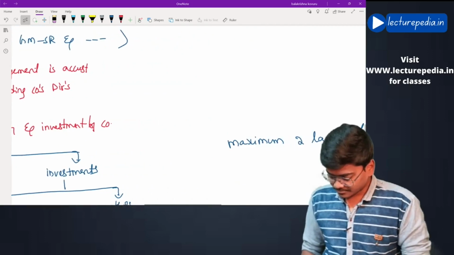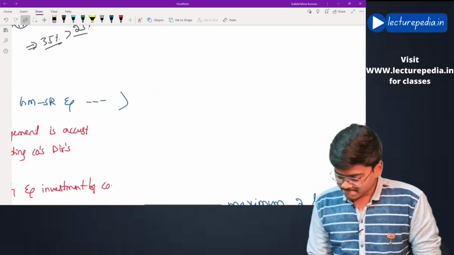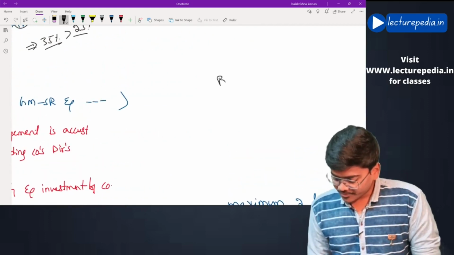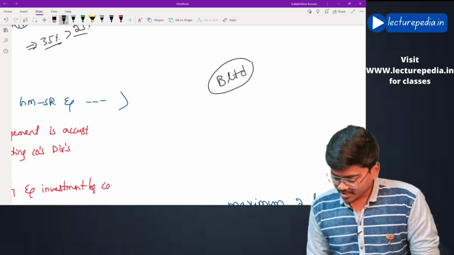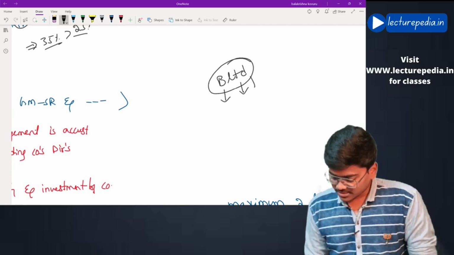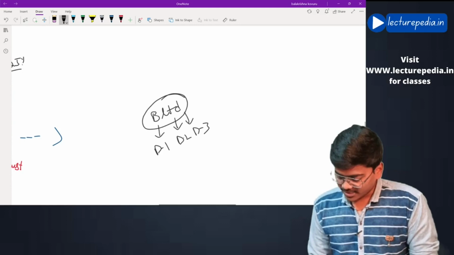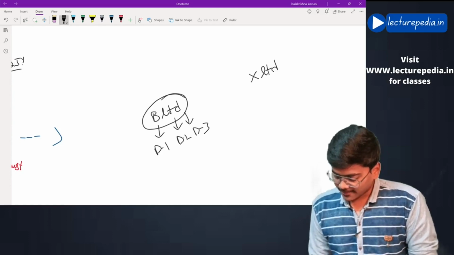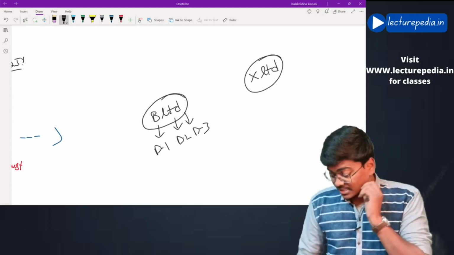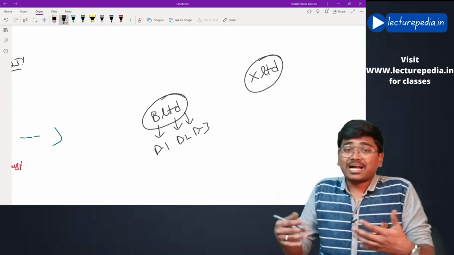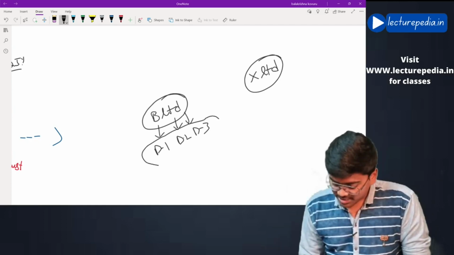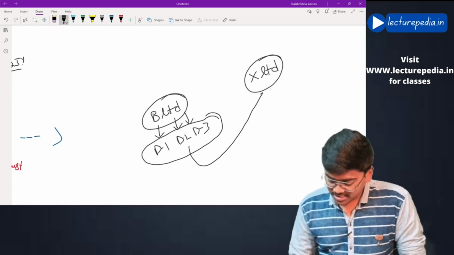See, there is a particular company B Limited. In this B Limited there are some directors. Okay, Director 1, Director 2, Director 3. There is some other company by name X Limited. Now the X Limited has accustomed to act as per the instructions given by these directors.